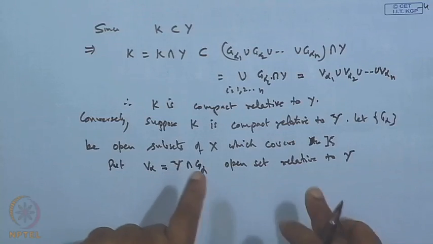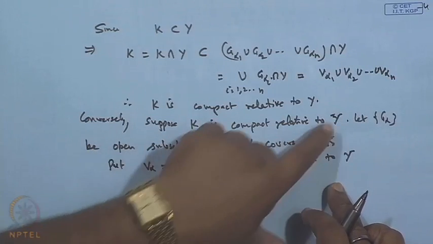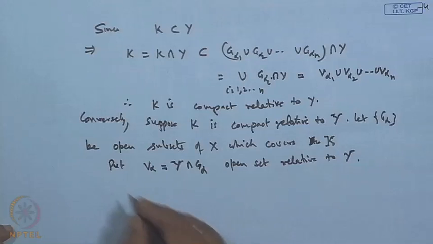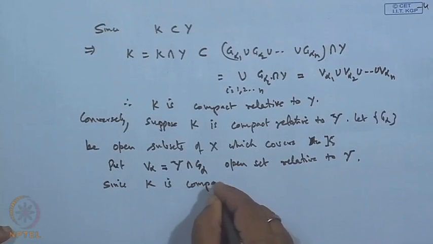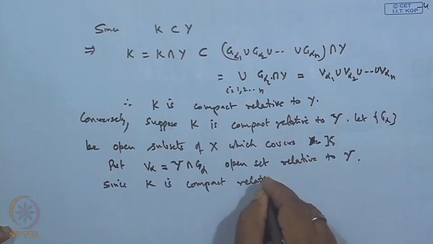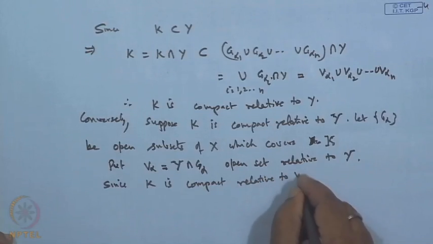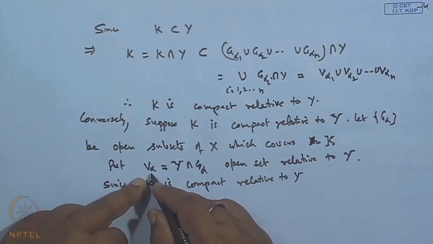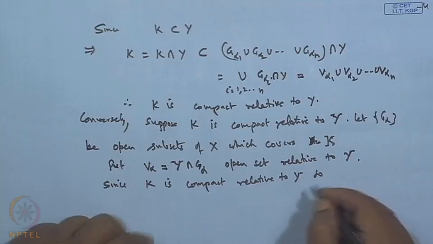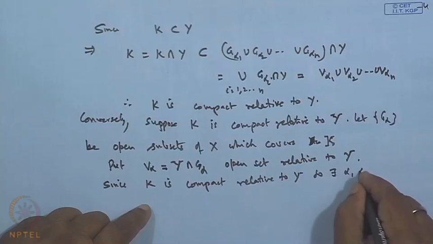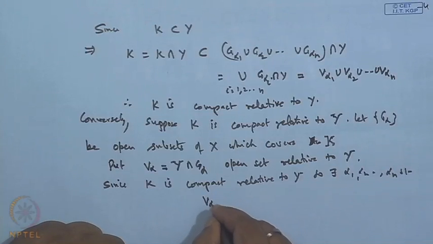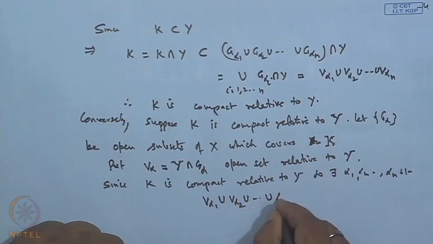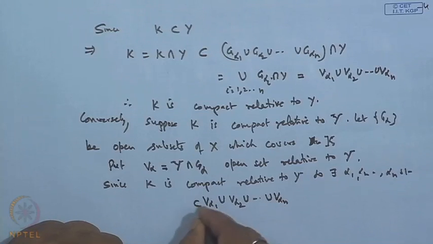Now, this is given: K is compact relative to Y. So, since K is compact relative to Y, this open cover of V alpha has a finite subcover. So, there exist alpha 1, alpha 2, alpha n such that the union of these V alpha 1, V alpha 2, V alpha n covers K.